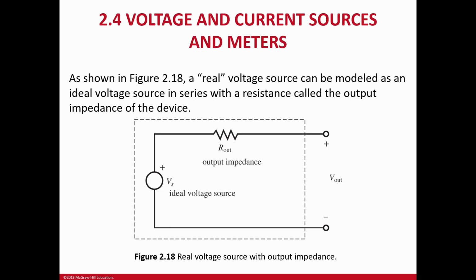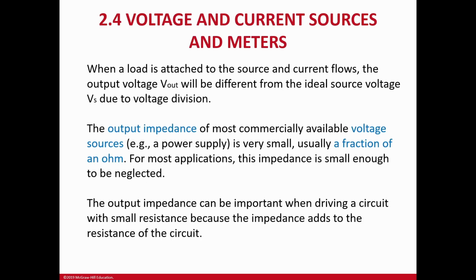So this is the ideal voltage source. Because this is a source, there will be output impedance, and it's connected in series, so the output impedance is very small. How small is it? A fraction of an ohm, so actually you can ignore it.